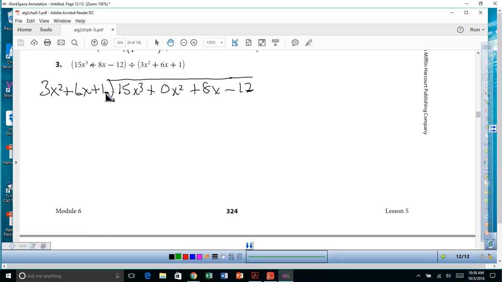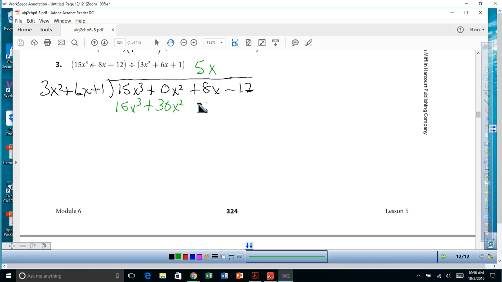So let's start out. We need to turn this 3x squared into a 15x cubed. So I'm going to multiply it by 5x. I think 5x will do. 5 times 3 is 15. x times x squared is x to the third. Good, it worked. 5x times 6x would be plus 30x squared.